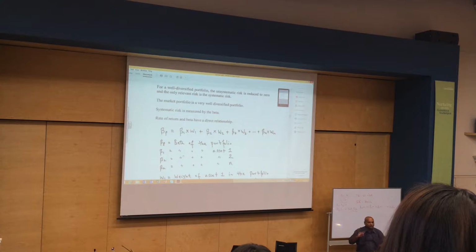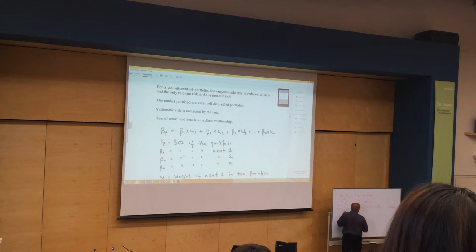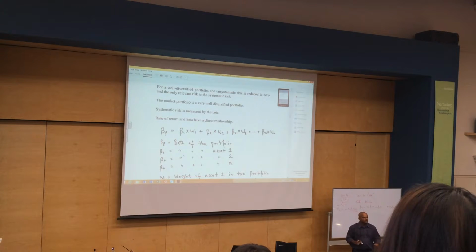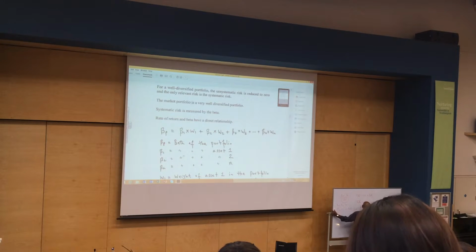The systematic risk of the portfolio depends upon what? It depends upon two things: beta of the individual assets in the portfolio and the weight of the assets.